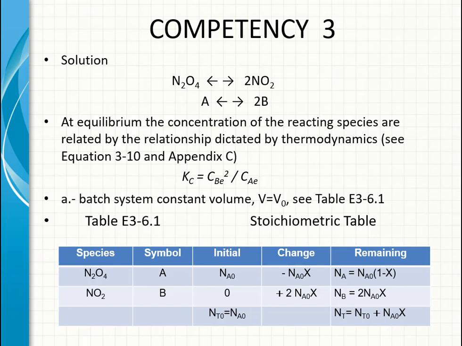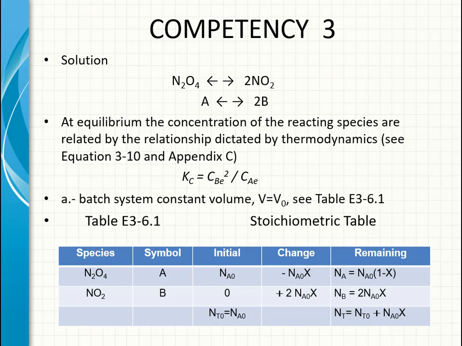In thermodynamics, the constant Kc is equal to the concentration of the products elevated to the stoichiometric coefficient, divided by the concentration of the reactants elevated to the stoichiometric coefficient.